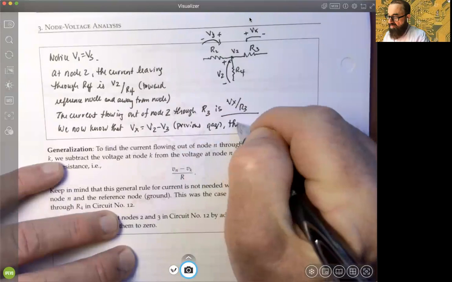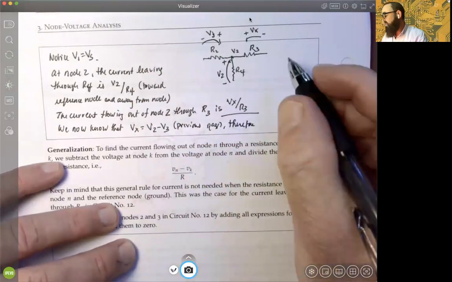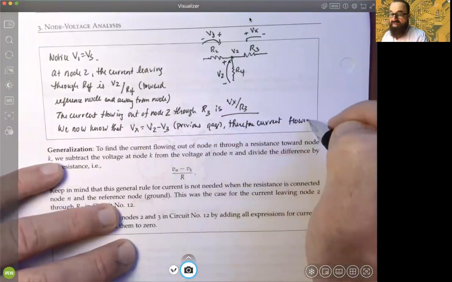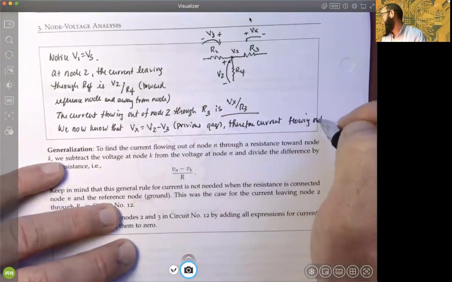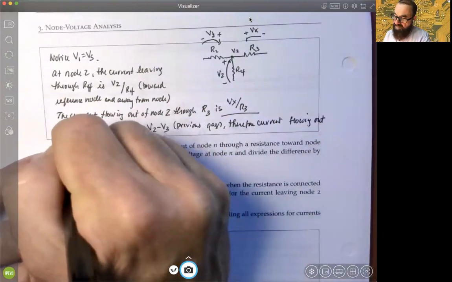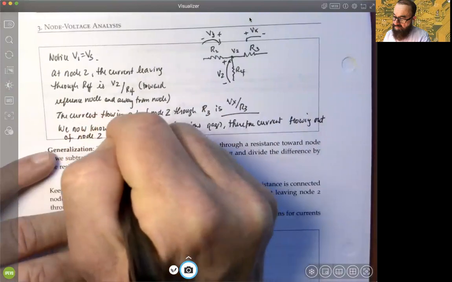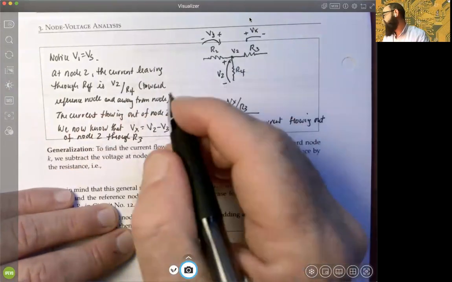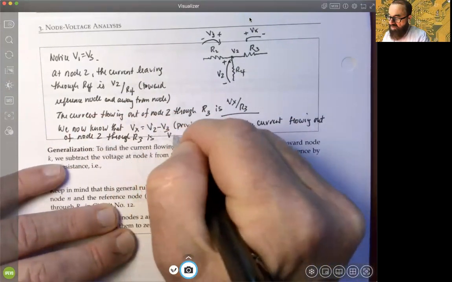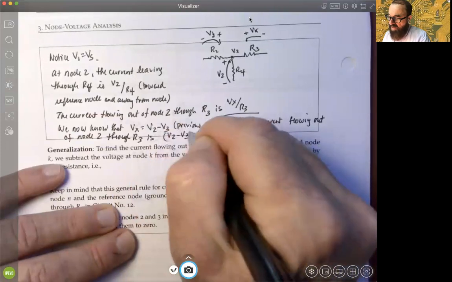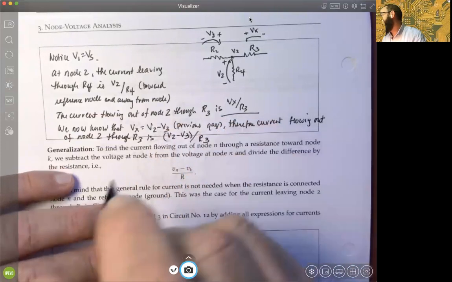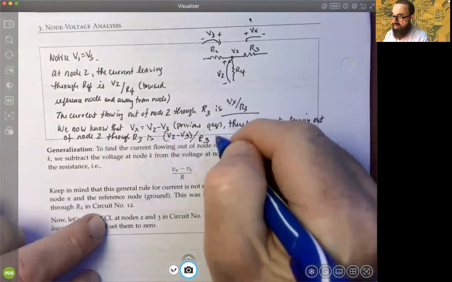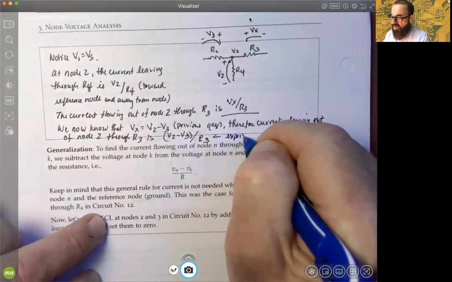So therefore, the current flowing out of node 2 through the R3 resistance is V2 minus V3 divided by R3, okay? And the idea here is this is an expression in node voltages.